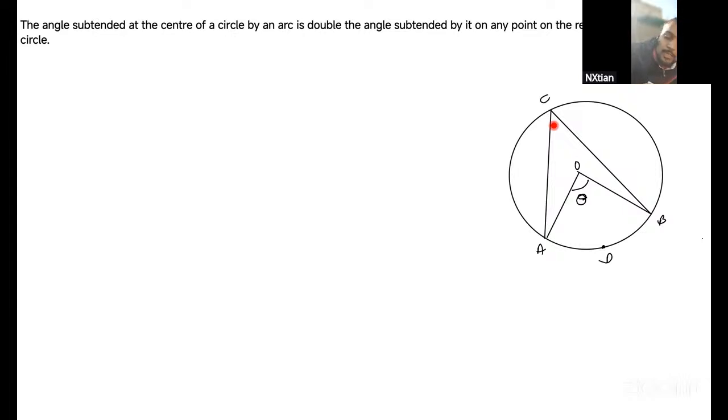Now what the theorem is saying: the center angle will be twice the inscribed angle. This is what the theorem is saying. Means the center angle AOB is equal to twice the angle ACB.